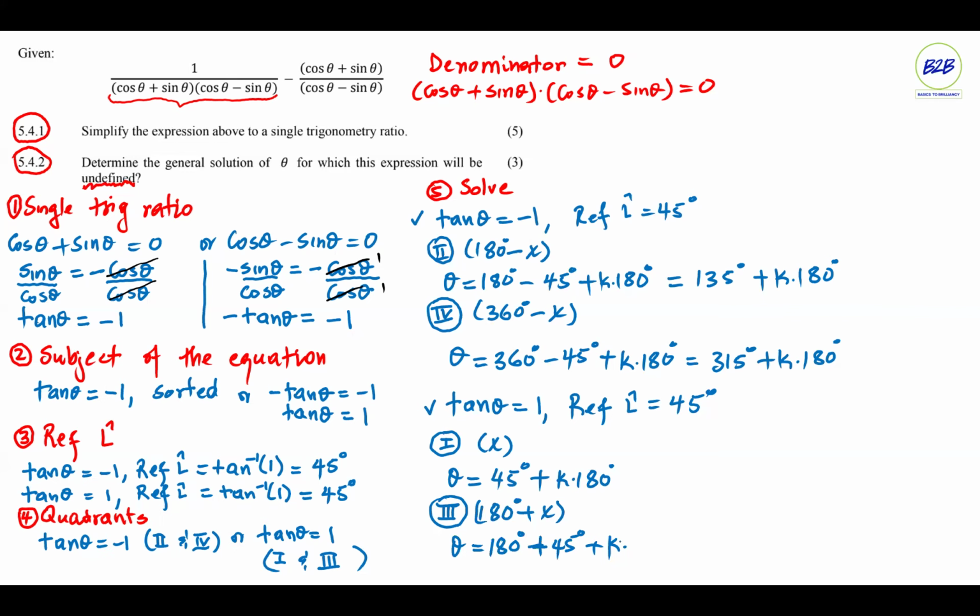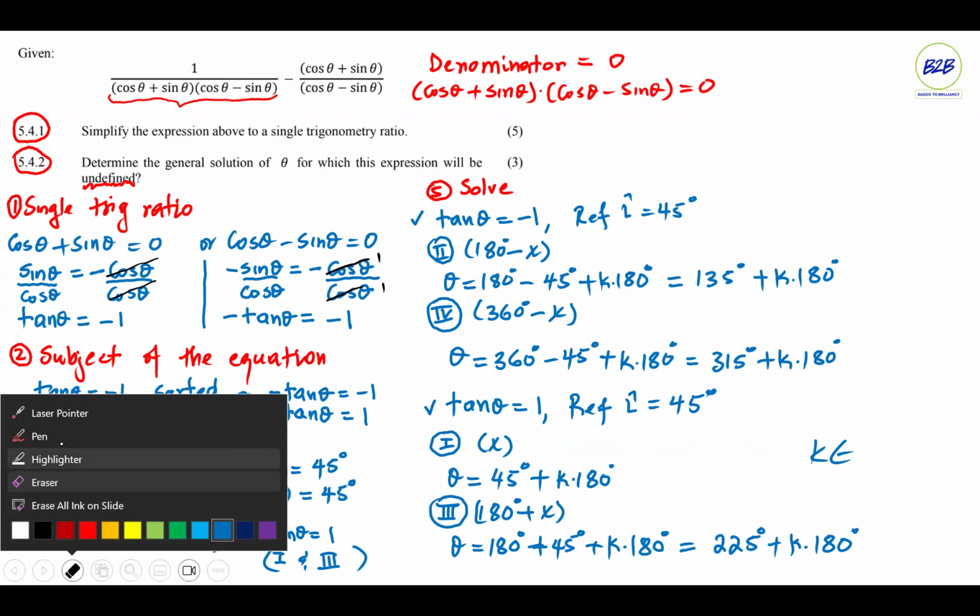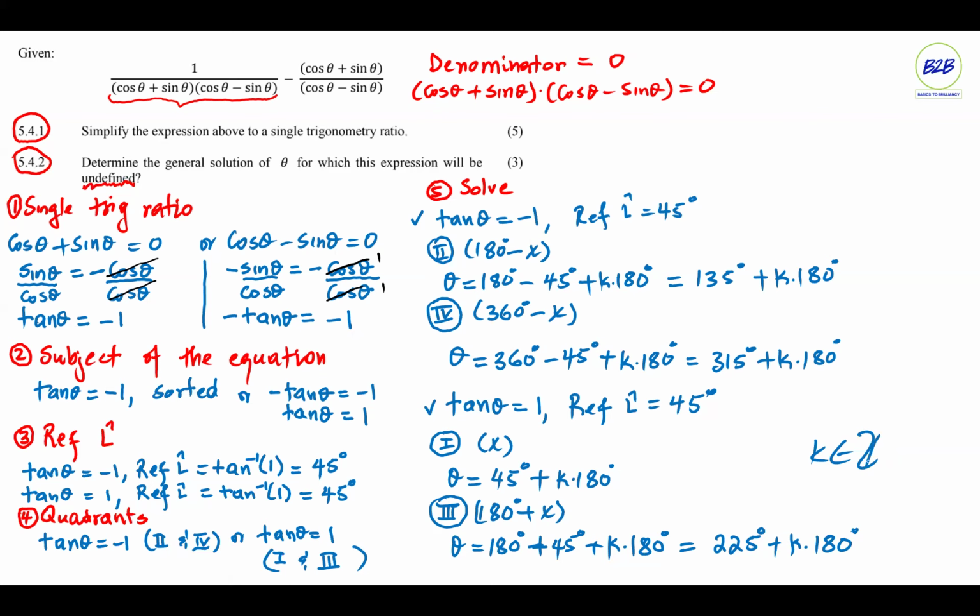So for tan, we don't use 360 degrees, rather we use 180 degrees. So 180 degrees plus 45 degrees gives us 225 degrees plus k times 180 degrees, and k is an element of the integers. All right. And that, folks, is how we determine the general solution of the value of theta for which this expression will be undefined.